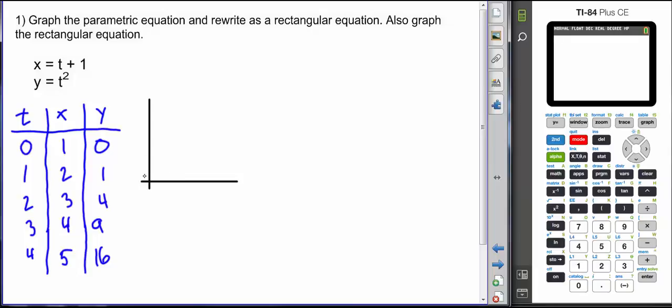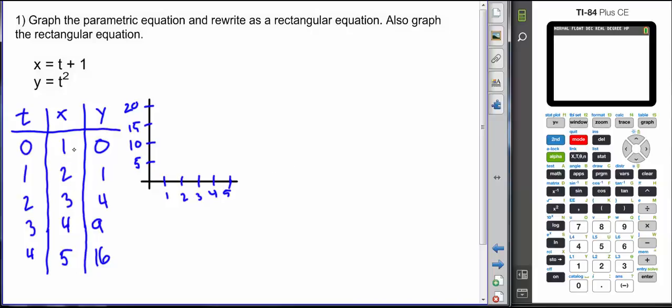But then the y values go as high as 16. So I'm going to count by ones here. These would be our x values down here. And 1, 2, 3, 4, and 5. And then over here, I'm going to count by 5s, I think, because if I can get 4 tick marks, that gets me up to about 20. And that should be plenty good for what we're doing with this graph.